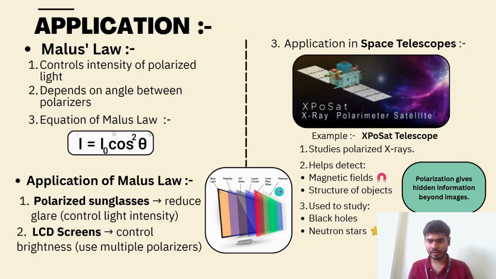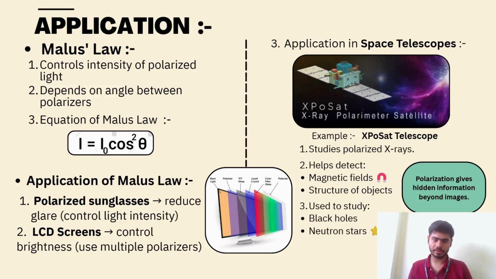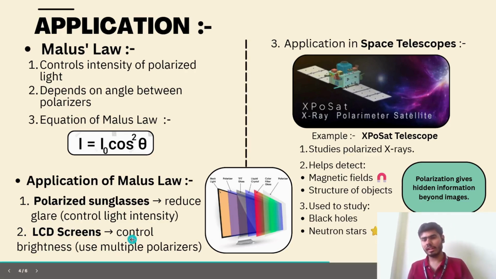These two polarizers help to control the light in the computer, and similar concepts are used in various other electronic devices also. So LCD screens use polarizers to control the intensity of light and to enhance our viewing experience. These are the daily life uses of Malus's law.